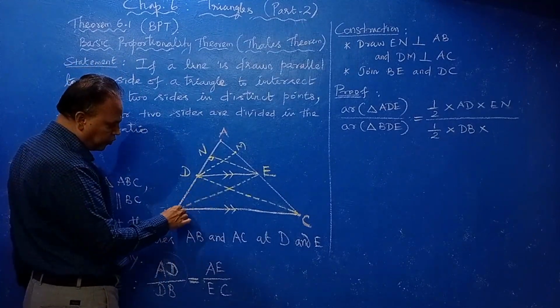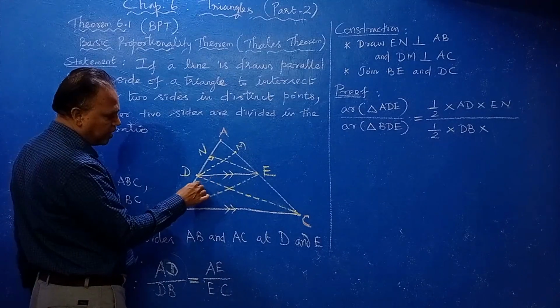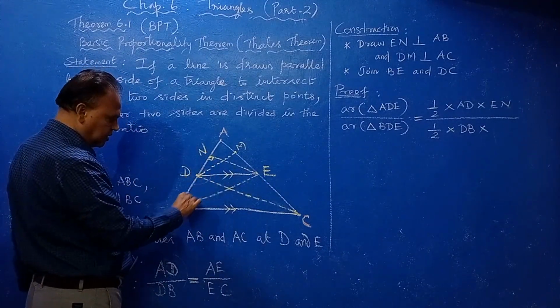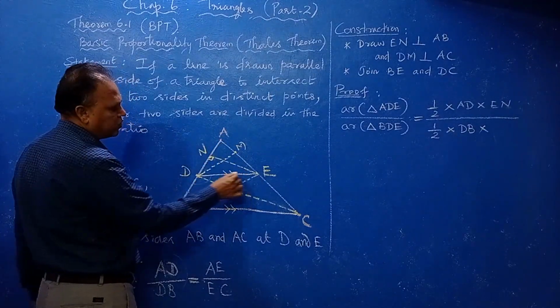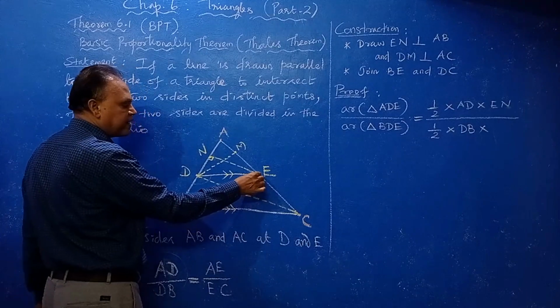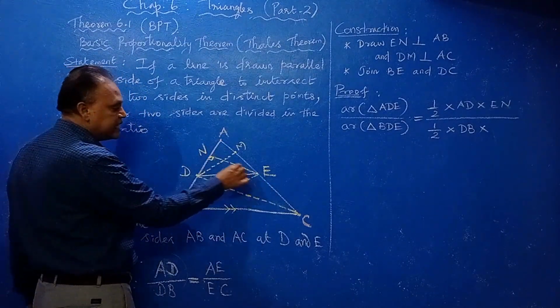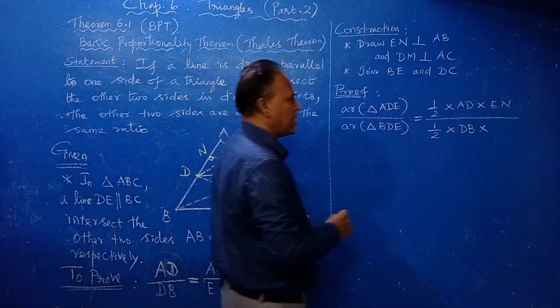This is the obtuse angle triangle. So the height is same. We extend this side BD. The opposite vertex is this one, so from the vertex you draw perpendicular to the base and you will get EN as the height. Clear? So same EN you will get.